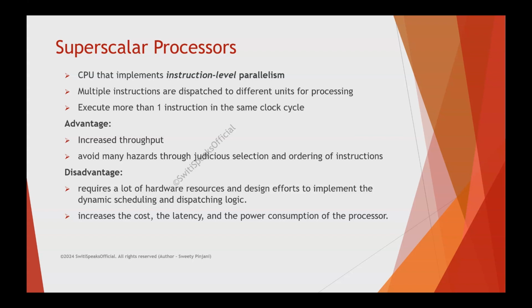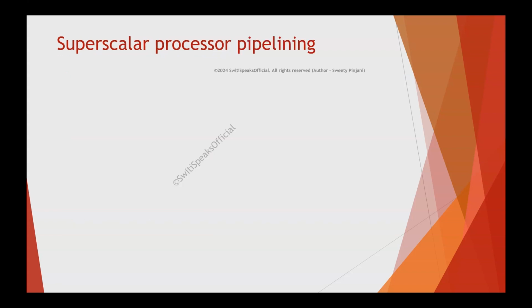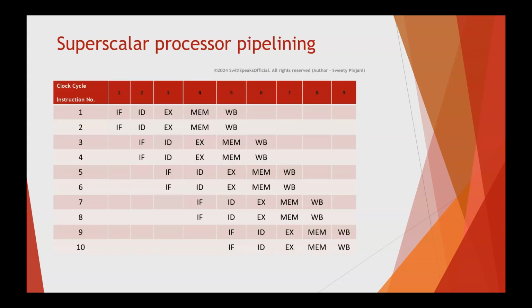Now let us understand how a superscalar processor works with the help of an example. So this is how it works. At the top I have the execution cycles and here I have the instruction numbers. Let us see properly. The first instruction is in instruction fetch, and at the same time the second instruction can also be in instruction fetch.